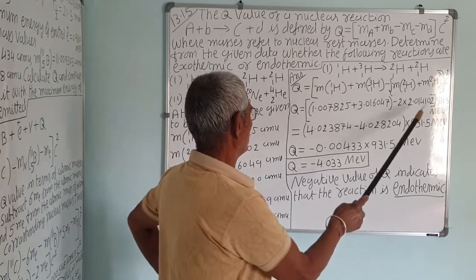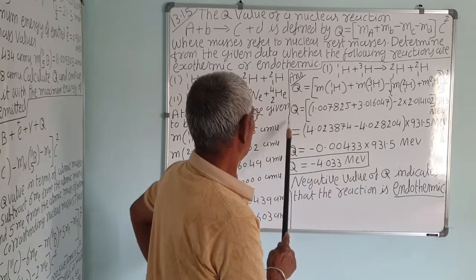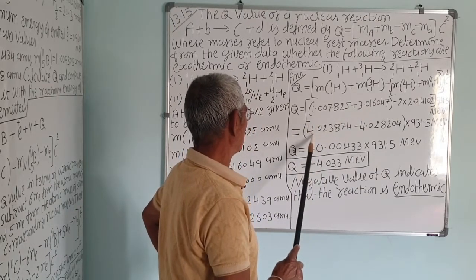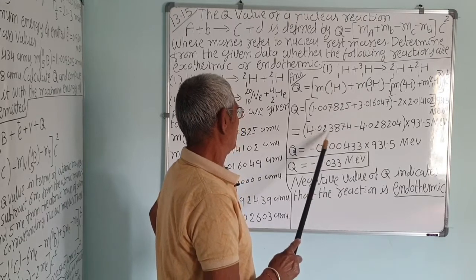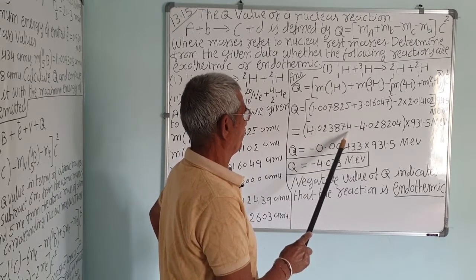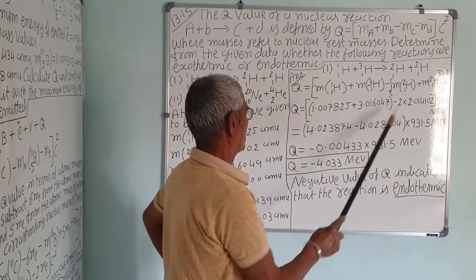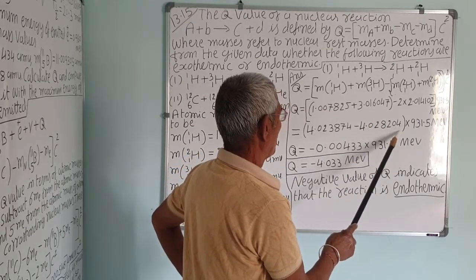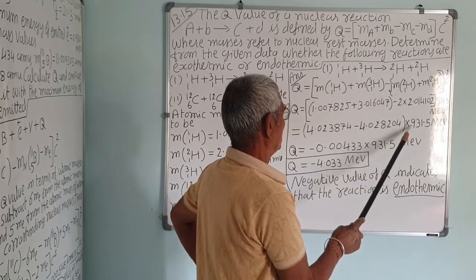Everything is given, so you just put in the values. That comes to 4.023874 minus 4.028204, multiplied by 931.5.